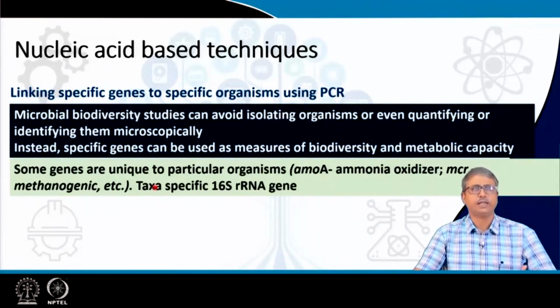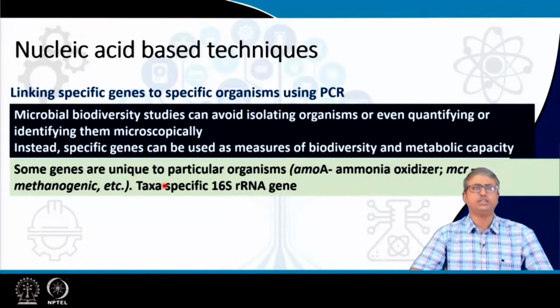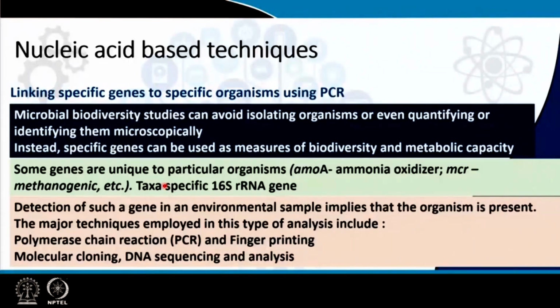Otherwise, the taxonomic group specific 16S ribosomal RNA gene or a broad taxonomic marker gene, like using the universal primer for bacteria or archaea, are also used. Now, detection of such a gene, that is a particular gene in an environmental sample, implies that the organism is present.